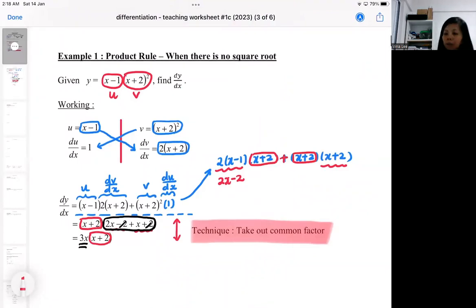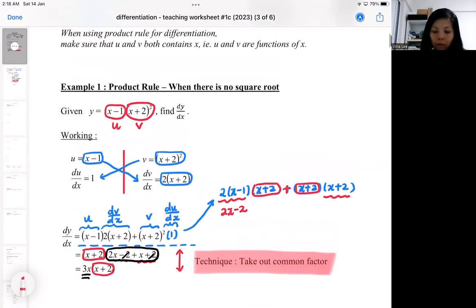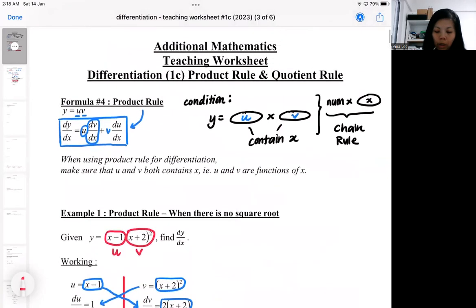The technique will be to take out the common factor. If you stay with these two, you shouldn't have quite a lot of mistakes. Okay, so it's just these two types of question for product rule. So again, the condition is that the product must both contain x. So if one of them doesn't contain x, please don't use the product rule. We will go back to our chain rule.